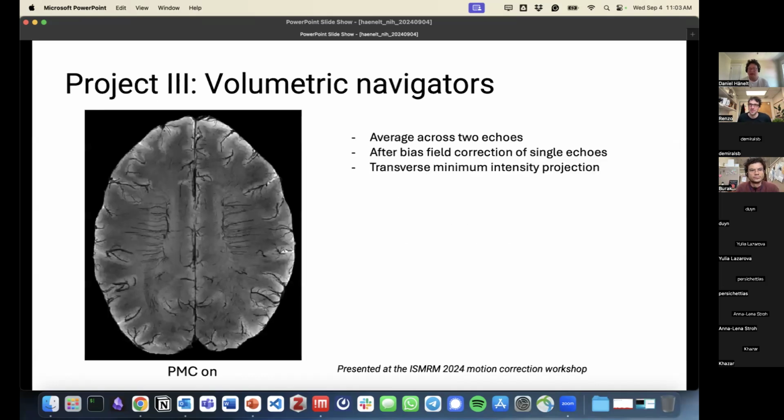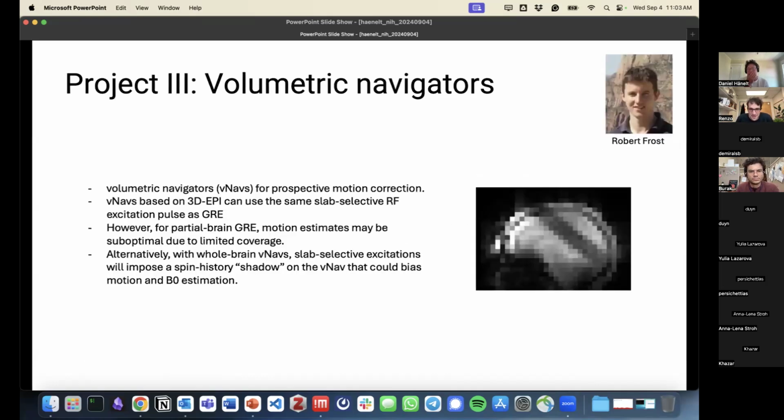I understand the problem that you mentioned, right? You have this black bar, but you still have enough structural signal everywhere else. So if you just exclude that part of the brain from your motion estimation to get the coordinates of the displacement, then you would definitely not be sensitive to that.